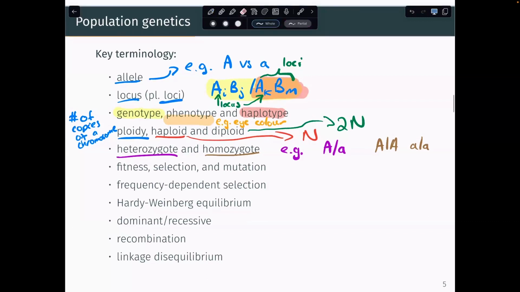Okay. From an evolutionary perspective, the next slide, three things are really important: fitness, selection, and mutation. So fitness you can think about as being some measure of how organisms are able to propagate their genes. Okay, so if you remember, we talked right at the beginning of the course in the first lecture about some misconceptions about evolution.